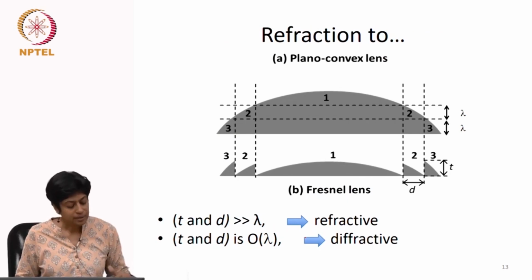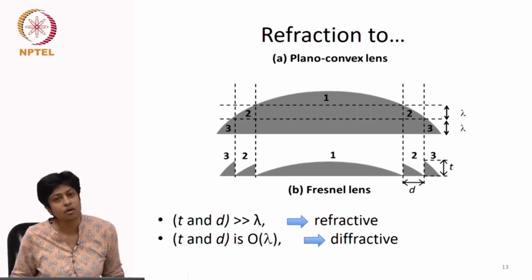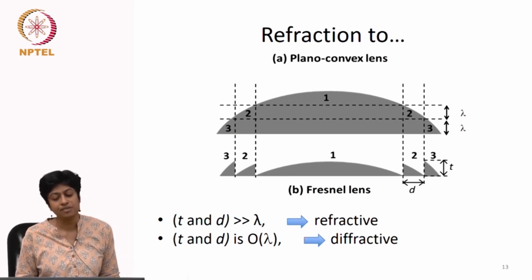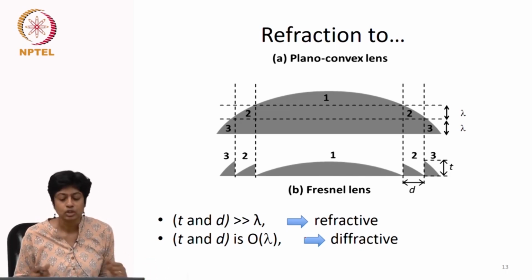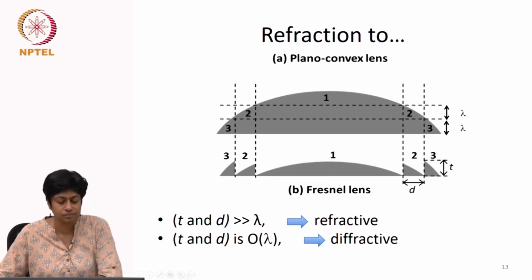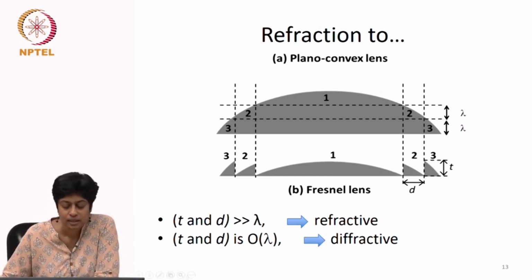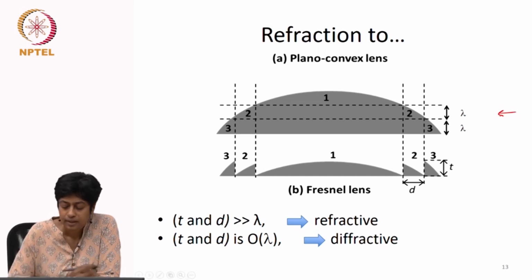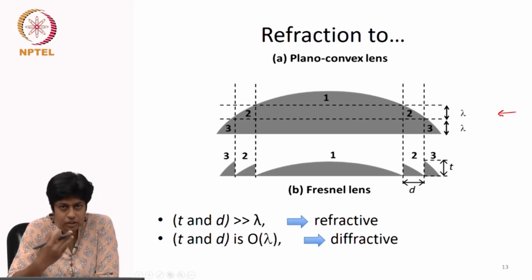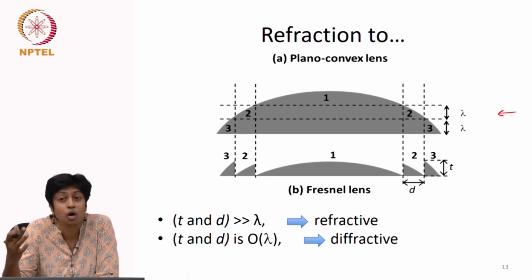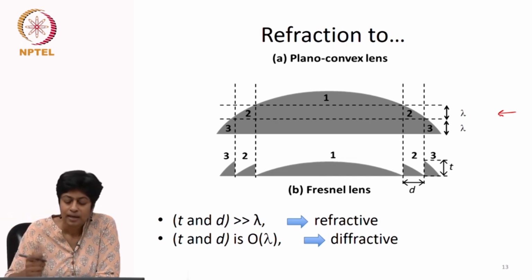So one of the simplest ways of thinking of designing a diffractive optical element is to start with your refractive optical element. So here you have a plano-convex lens. That's what's shown here. Now, if I look at this lens and I consider the thickness of the lens, what is the thickness providing in optical terms?